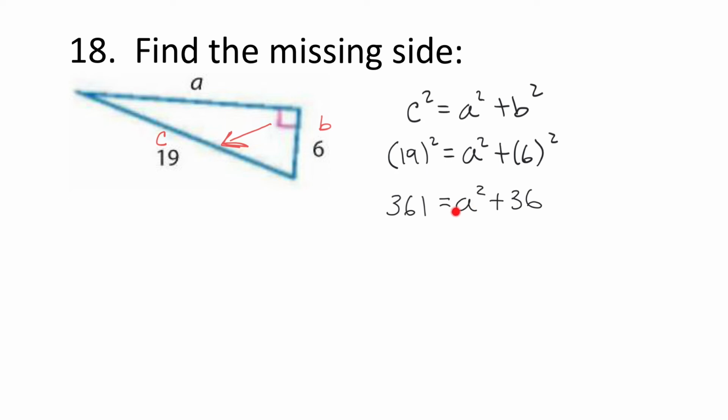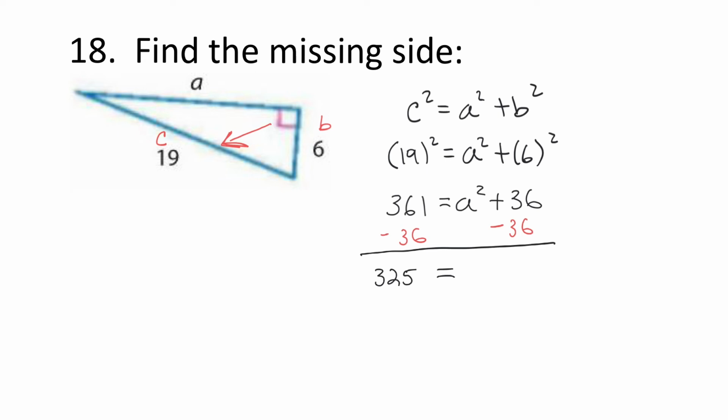So now we need to solve for A. Notice that A has a constant on the same side, so we have to get rid of this because we want to isolate the A. I'm going to subtract 36 from both sides, minus 36, and on the left side, 361 minus 36 is 325.